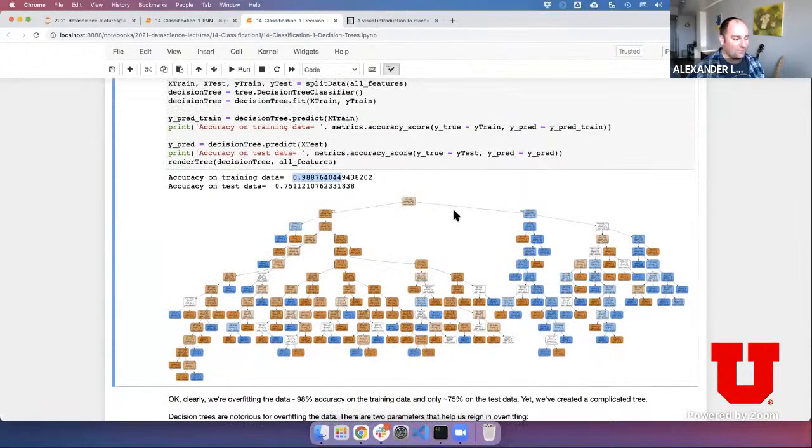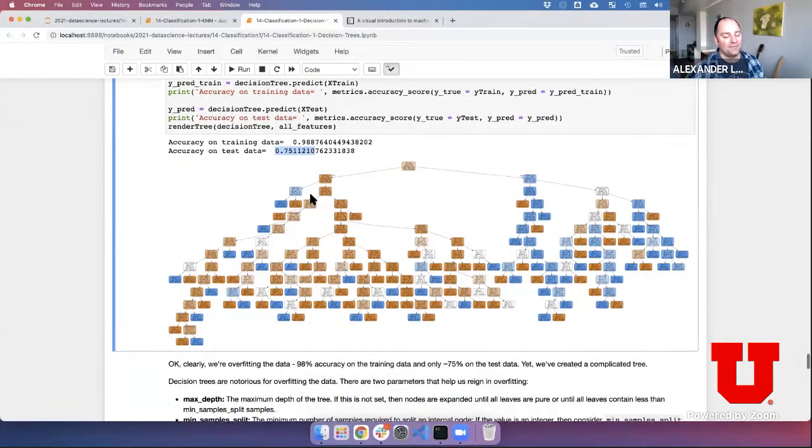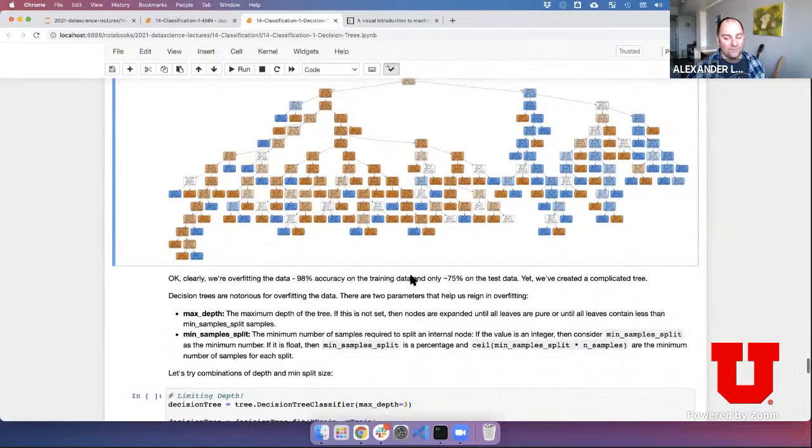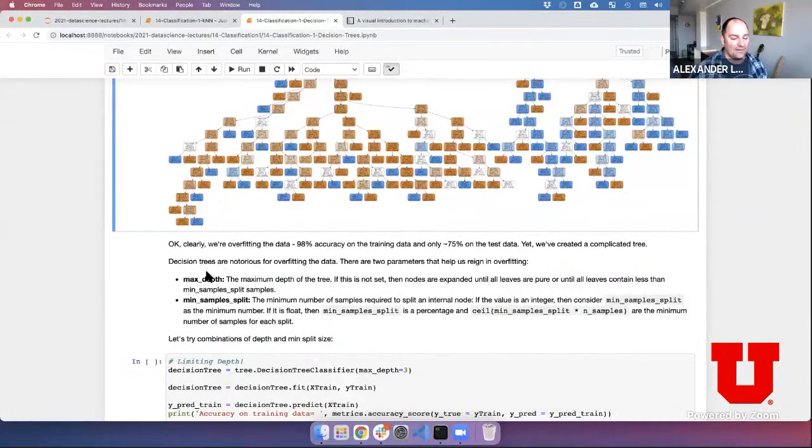Here we can't actually see the labels anymore because the decision tree has become so complex. But the accuracy on the test data has actually gone down. So this is a worse decision tree on the test data than just splitting by sex. So clearly, this isn't great. We are overfitting the data and have created an overly complicated model. Now let's look at how we can avoid this overfitting.